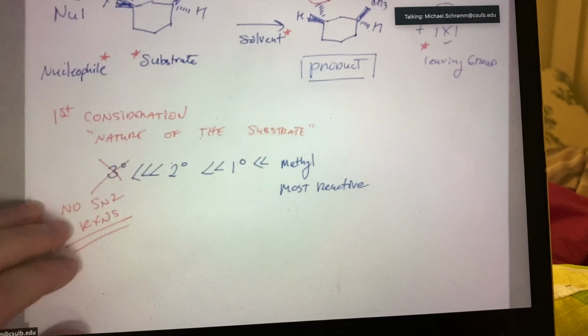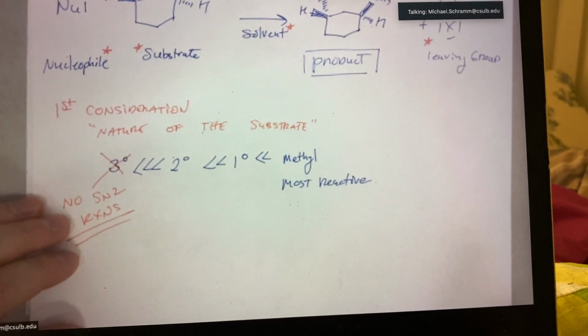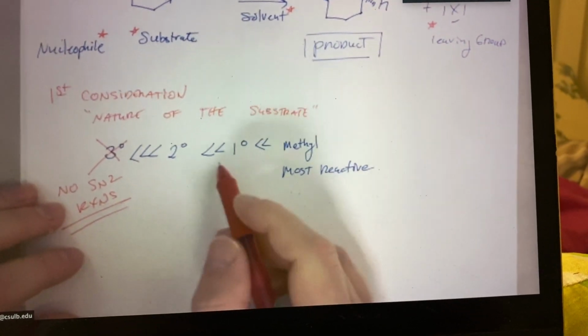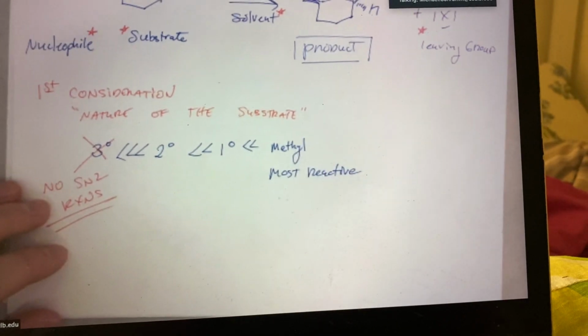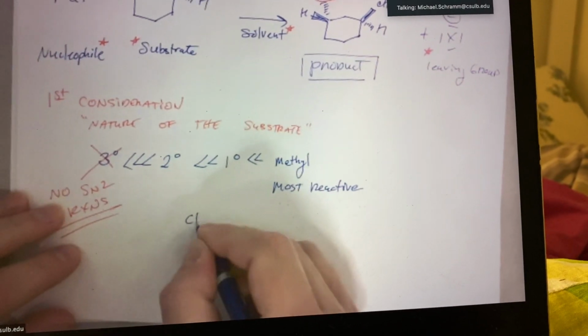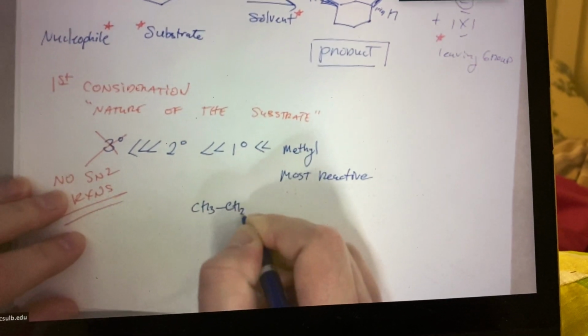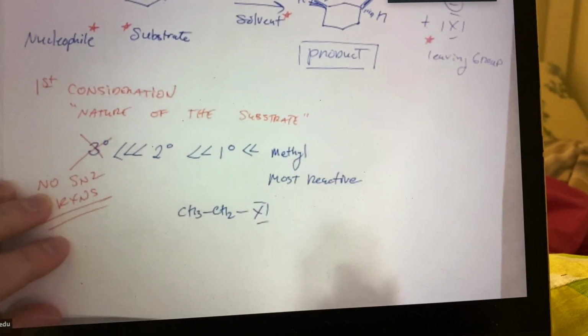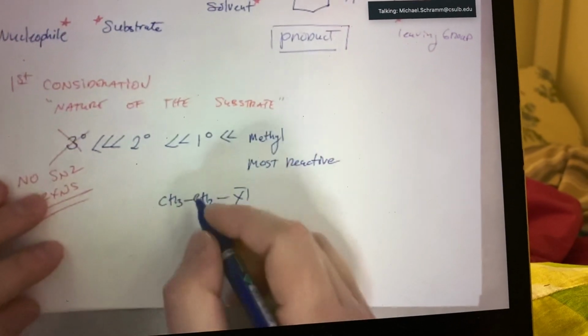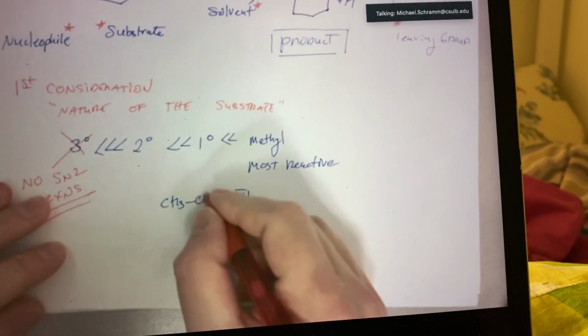So let's look at this just a little bit more detail here. We'll take and draw an example of a primary substrate. Let's just take an ethyl group, attach it to a leaving group, still generic for now. And the carbon that undergoes the reaction is this one.